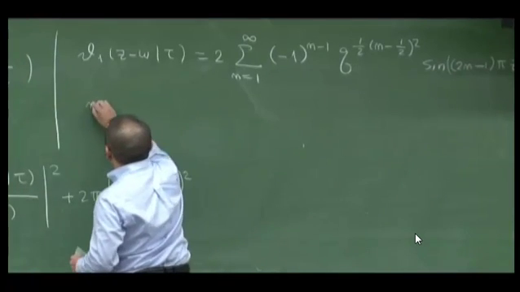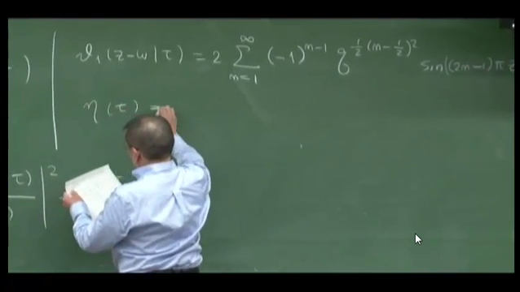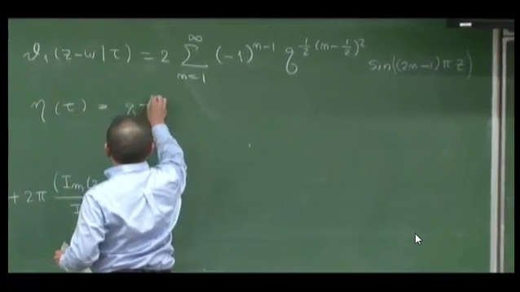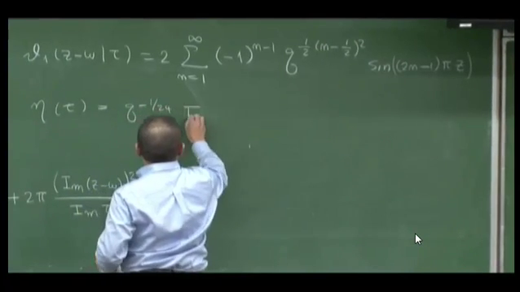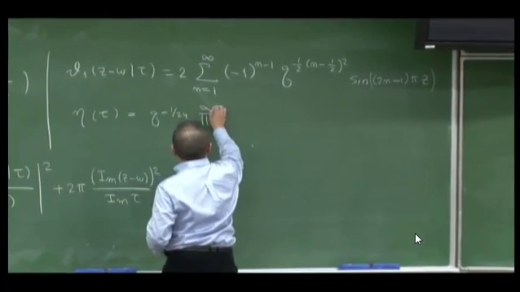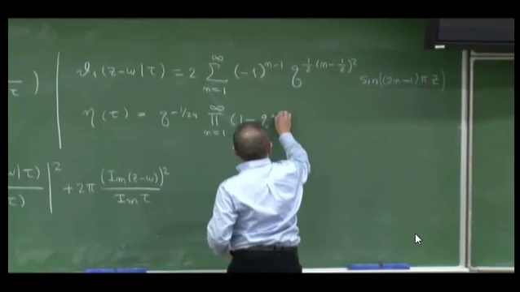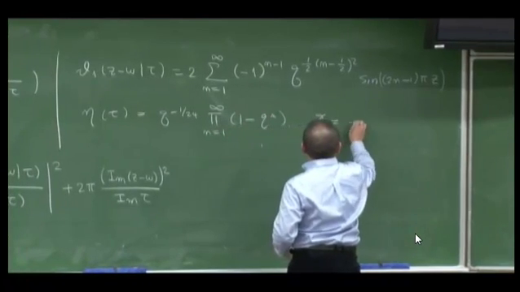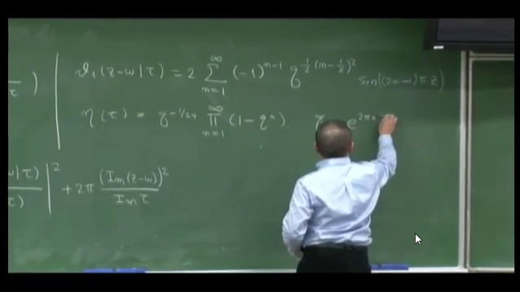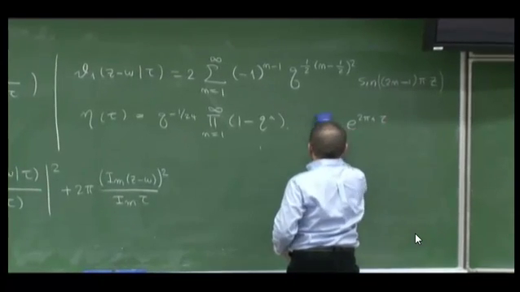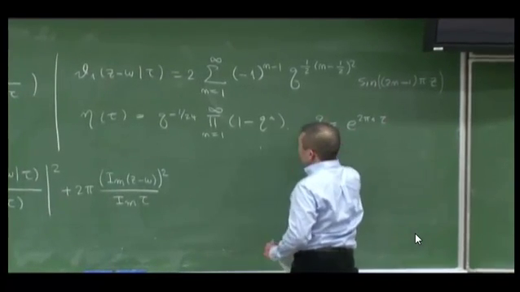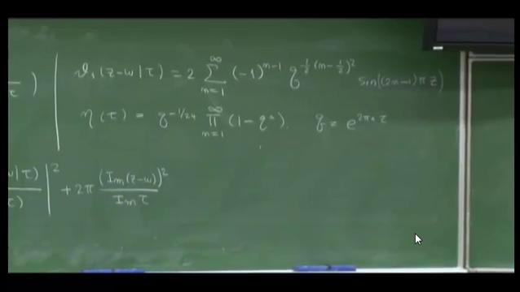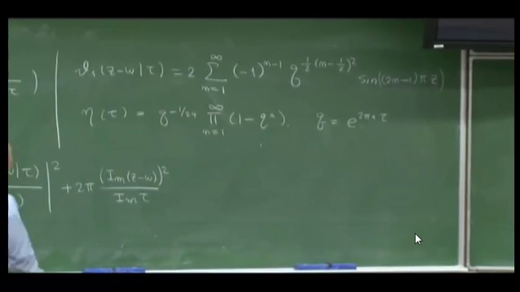And then eta is q to the minus 1 over 24 times a product, and this q is related to tau.